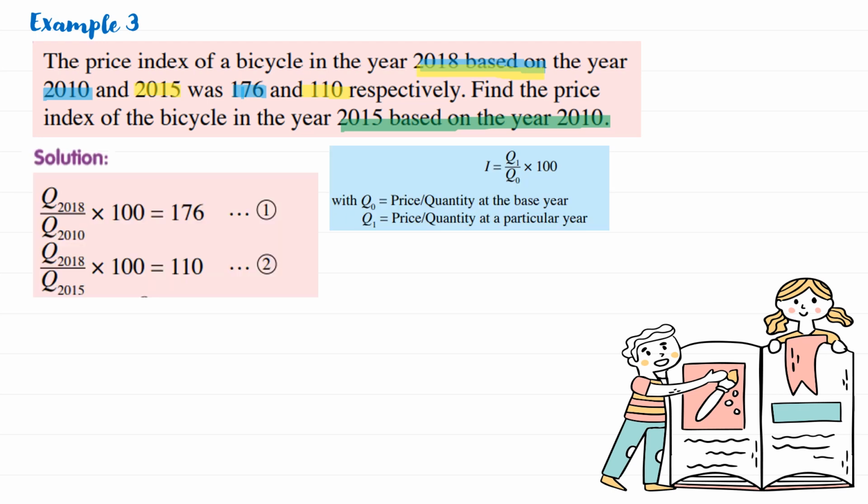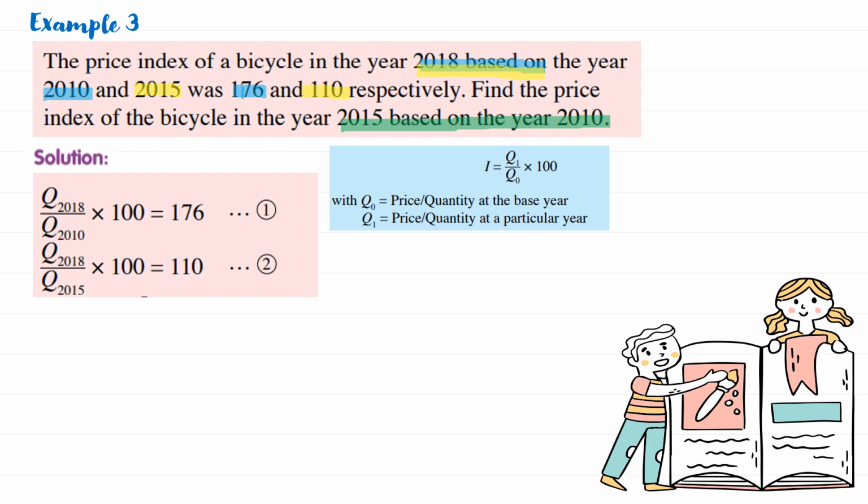So this is the formula for index number or price index. For the solution, how are you going to find 2015 based on the year 2010? Refer to the years given previously, 2018 based on 2010 and 2018 based on 2015.